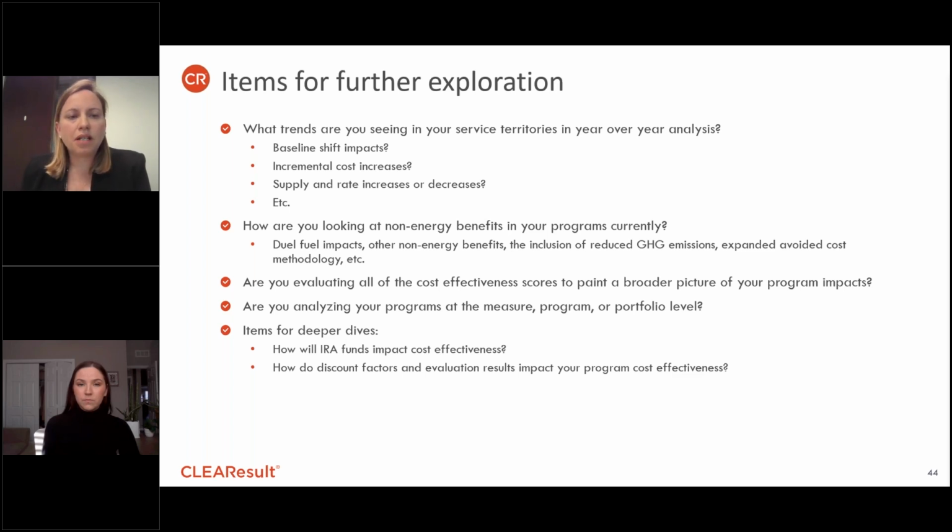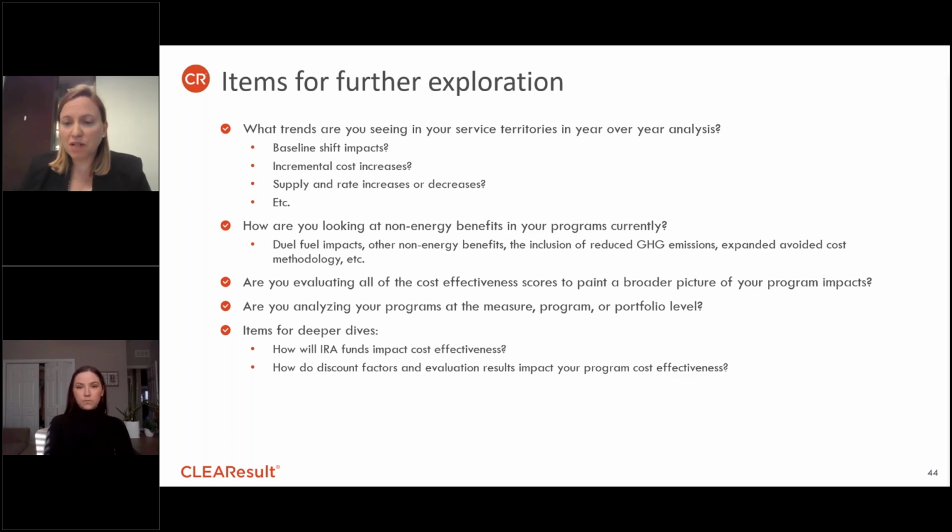And the other thing we didn't talk about today was just how are you analyzing your program? The example we went through today was a small program, 100 units we're trying to install. But if you're analyzing cost effectiveness at the measure level, that might be really restricting. We're going to need to start seeing new measures coming into our programs, well always, but especially right now as some big baseline shifts we've been seeing recently.